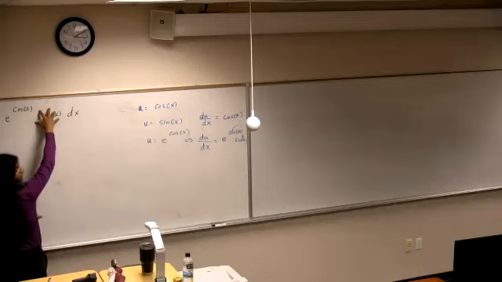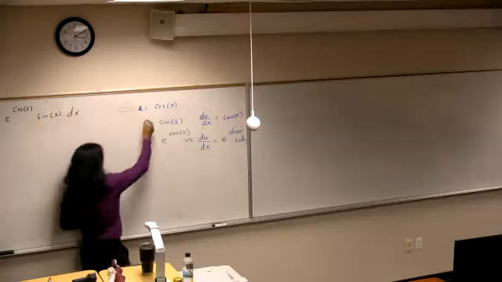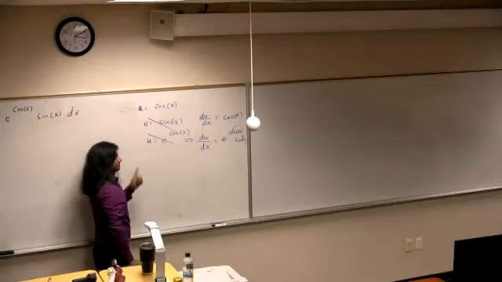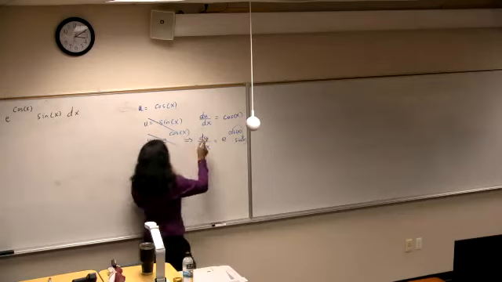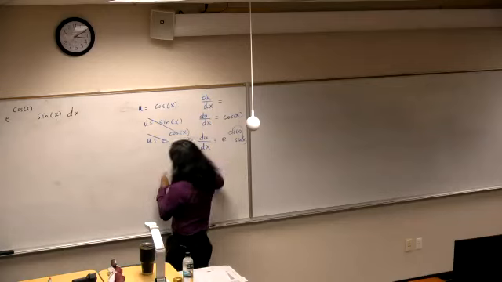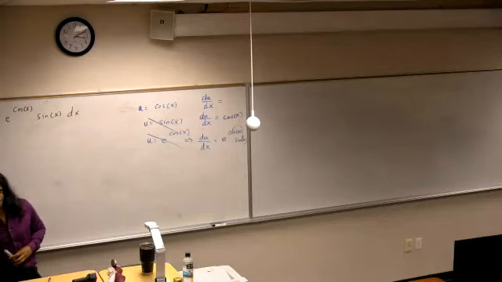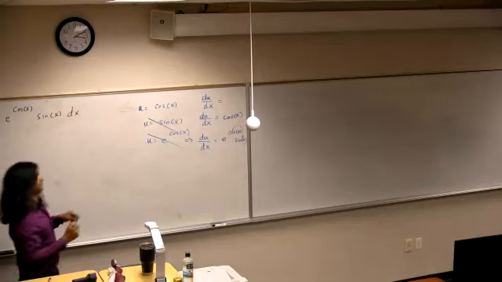Do I simply have cosine x? No, I have e raised to cosine x. Won't work. In that case, if I pick u to be cosine x, du would be negative sine x. Agreed?